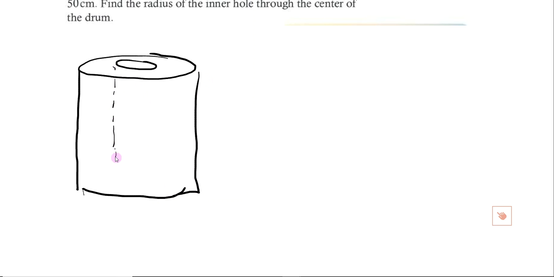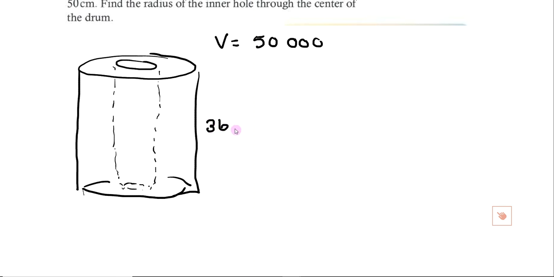So we're going to cut this cylinder out. All right? So there's the cylinder cut out. We are told that the volume of water that it contains is 50,000. We are told that the height is 36.